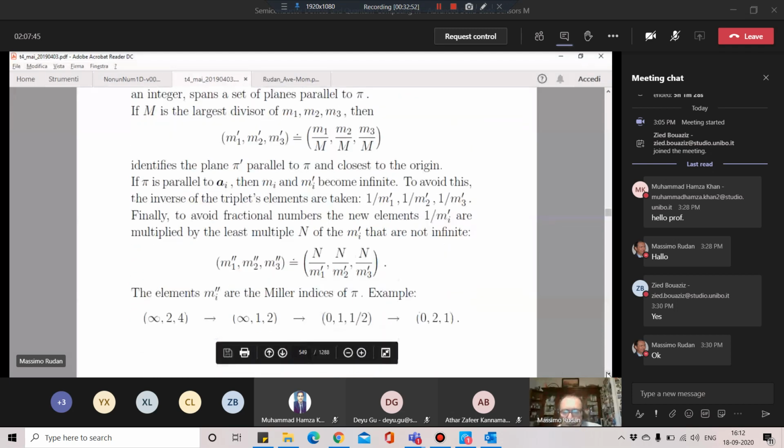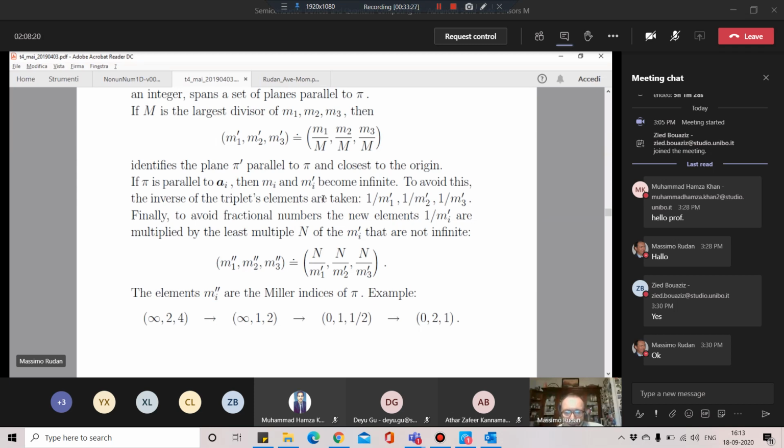So if we have infinities, we get zeros instead, okay? But on the other hand, if one or two of the original numbers, m1 prime, m2 prime, and m3 prime, were not infinite, but finite, then the inverse is a non-integer, okay? And we don't like non-integers, okay? So the story is not finished yet.